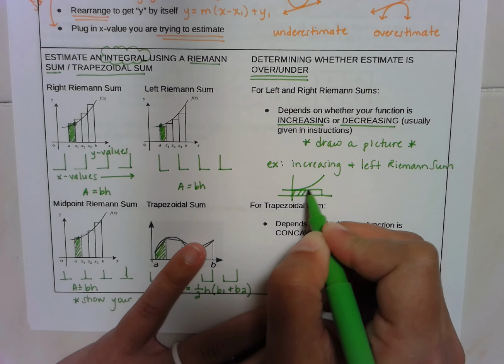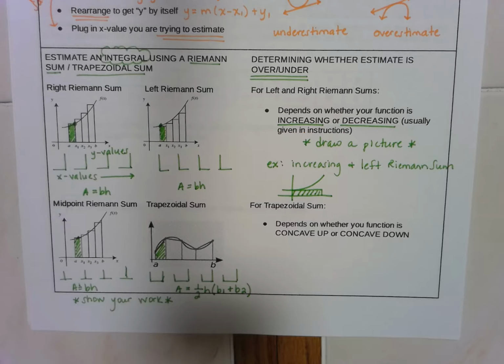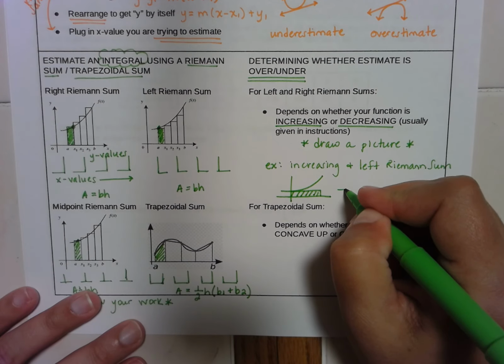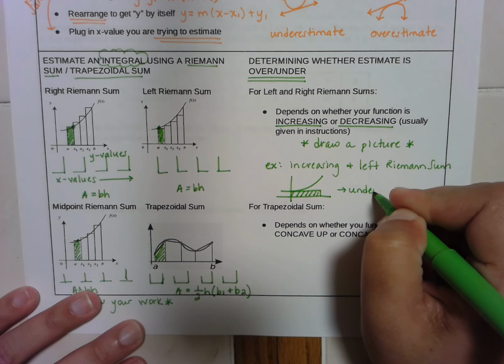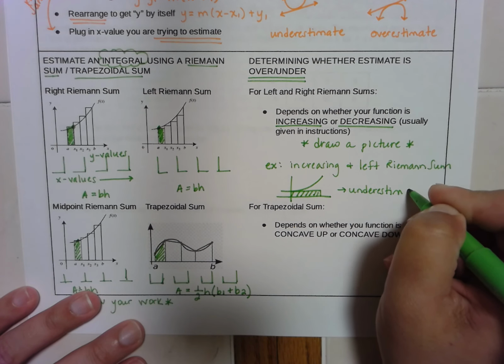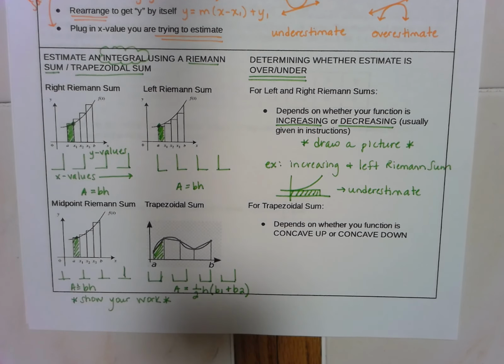And I can see, even if I only draw one rectangle instead of several, that this would be an underestimate. There's really no good way to memorize all these options other than just drawing a picture and visualizing what's happening.